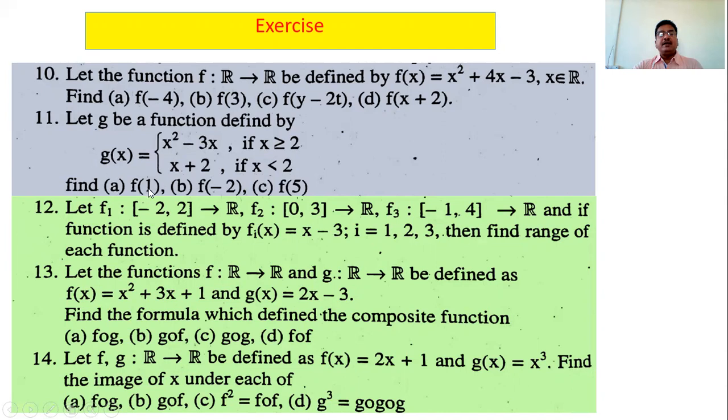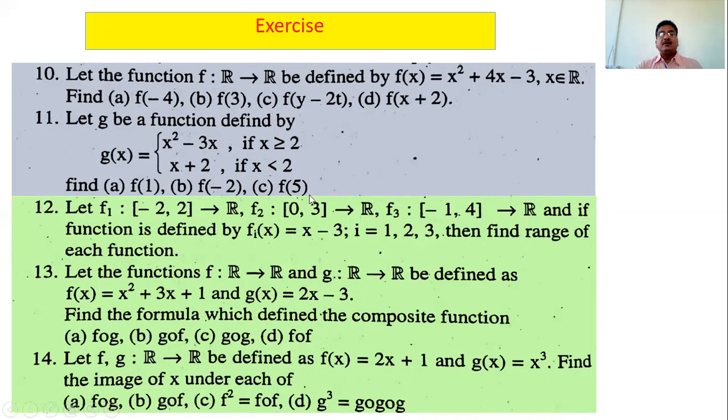So while finding g of 1, use this definition because 1 is less than 2. And while finding g of 5, we use the first definition. A correction in this problem: instead of f, the notation is g, because the given function notation is g.